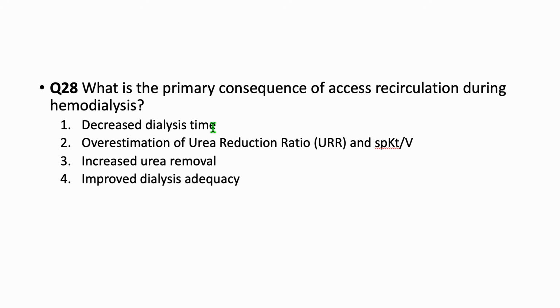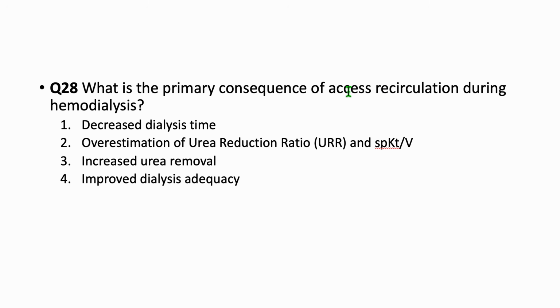So decreased dialysis time, that can happen, but not in every case, because generally dialysis time does not decrease when there is excess recirculation. It only happens when there is some sort of problem with the flow and we have to cut off the dialysis time, because the set will be clotted and the patient will suffer further blood loss too.